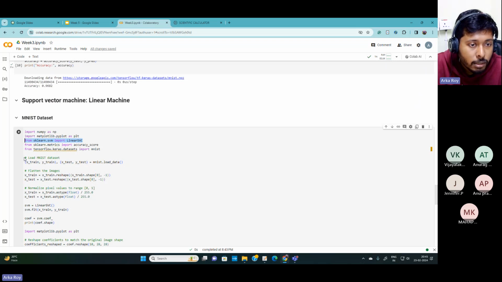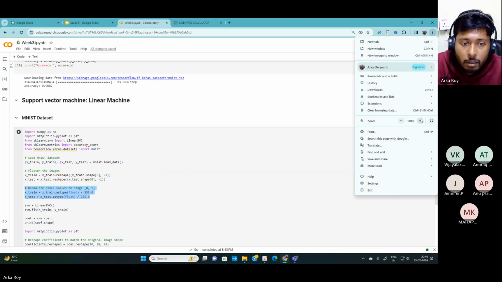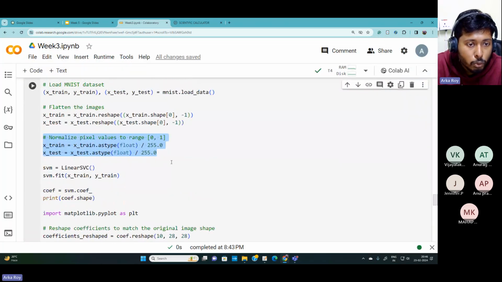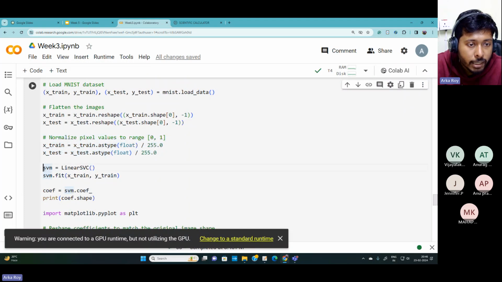Over here, I'm loading the MNIST dataset. Then I'm flattening the images that we have already seen. Then I'm normalizing it to make the values in the range of 0 to 1. Then I have written svm equal to LinearSVC, just to create an SVM operator.